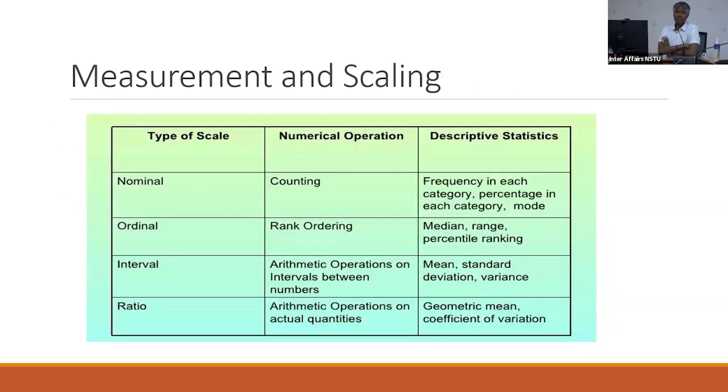So nominal data are used for counting something. If you want to know how many people have a red backpack, we can simply count that. And then we can use descriptive statistics, typically frequency, percentage, modes, to analyze those data.